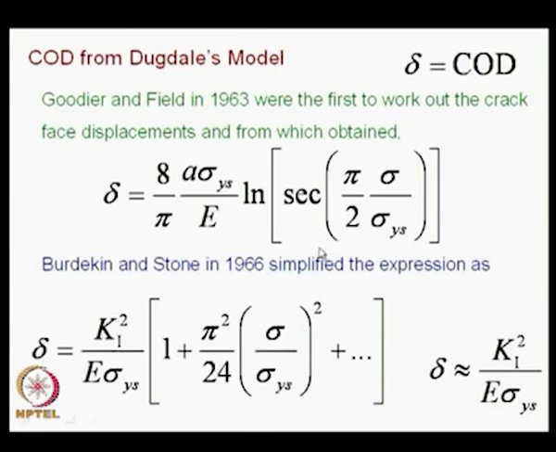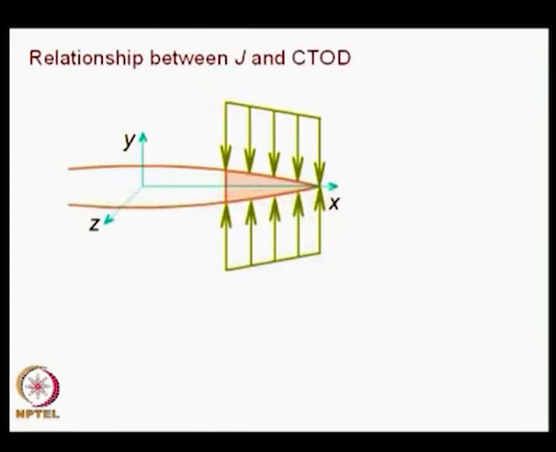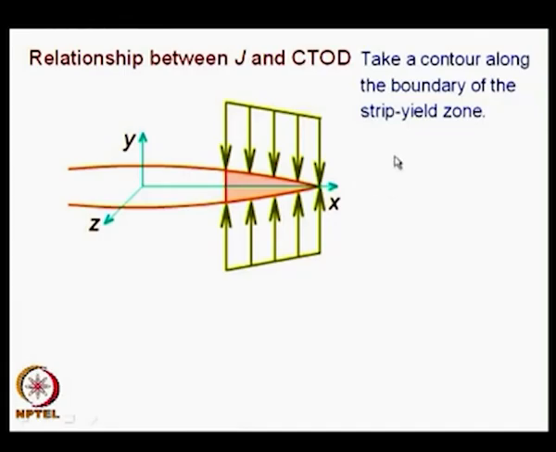And I will just show one more result, without proof. One can also find out a relationship between J and CTOD. So, what you do is you take Dugdale's yield strip model, take a contour along the boundary of the strip yield zone like what is shown here.